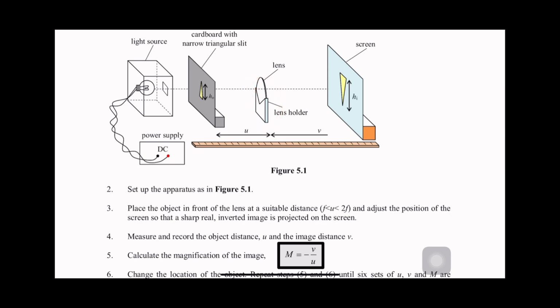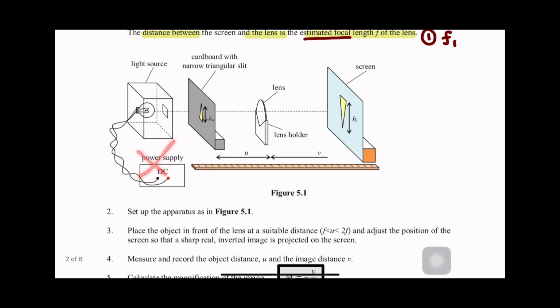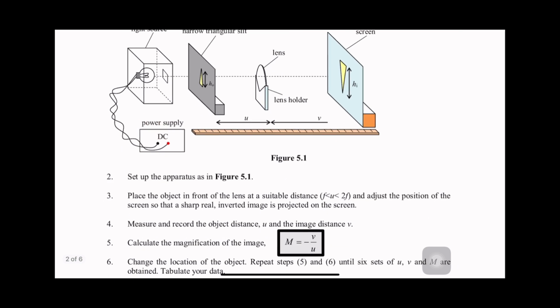So in front of the lens mesti dia punya object, and then ada light source. Light source ni kadang-kadang student lagi suka guna phone punya light lah, lagi terang. Kalau guna phone punya light tak perlulah power supply. Okay, then this is distance of u, and then this is distance of v.